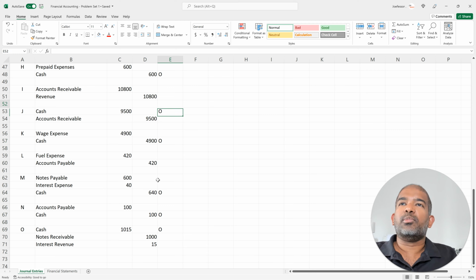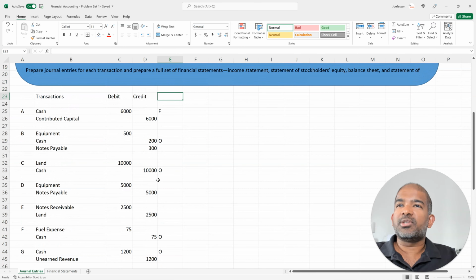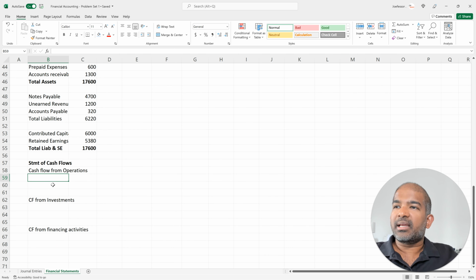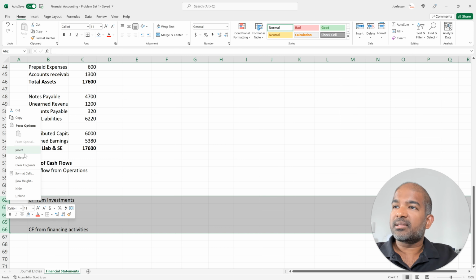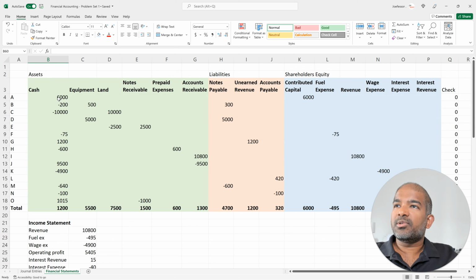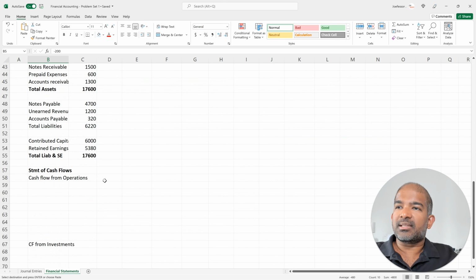Okay, so we can see most of these are operations related, except for the first contributed capital, which is cash flow from financing activity. In our case, cash flow from operations is going to require a bit more space. I'm going to put down all the cash flows from my operations, which are these cash flows, except the 6,000, which is from financing activities.